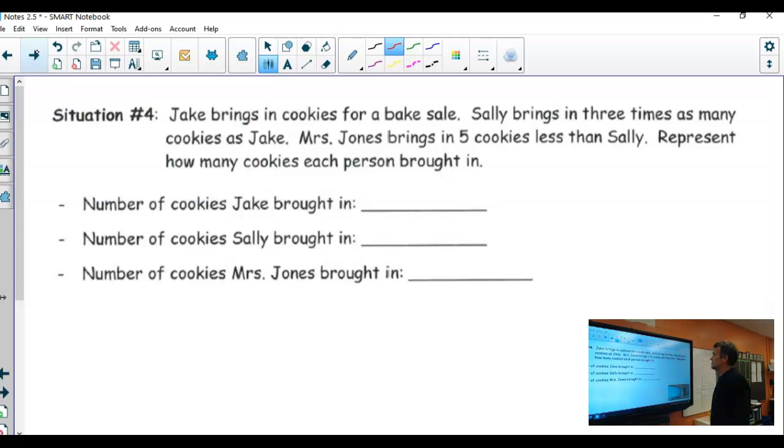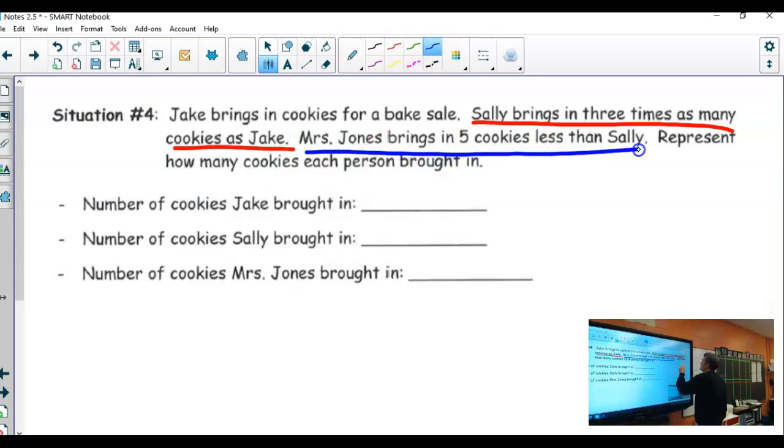All right, Jake brings in cookies for a bake sale. Sally brings in 3 times as many cookies as Jake. That's an important sentence. 3 times as many as Jake. Let's just stop right there for a second. That's a little dangerous because you should probably read the whole problem. Mrs. Jones brings in 5 cookies less than Sally.